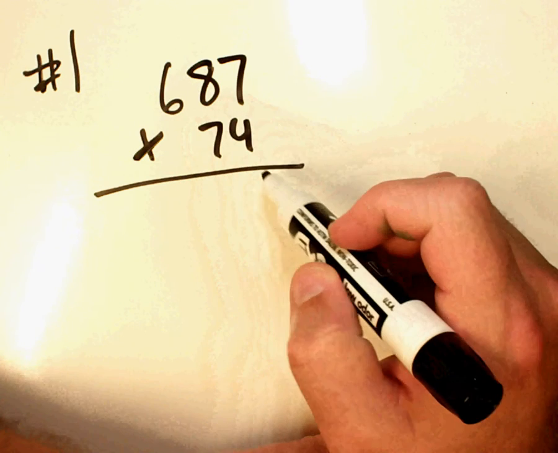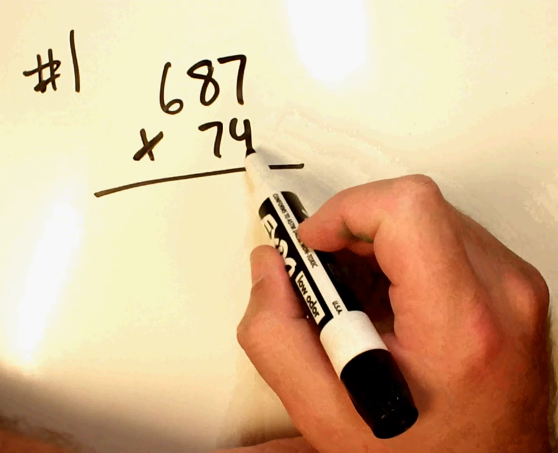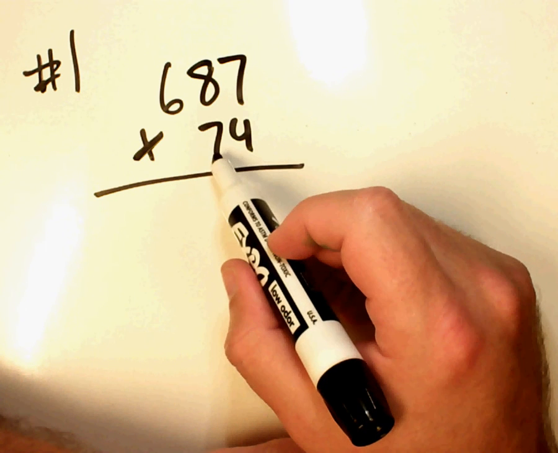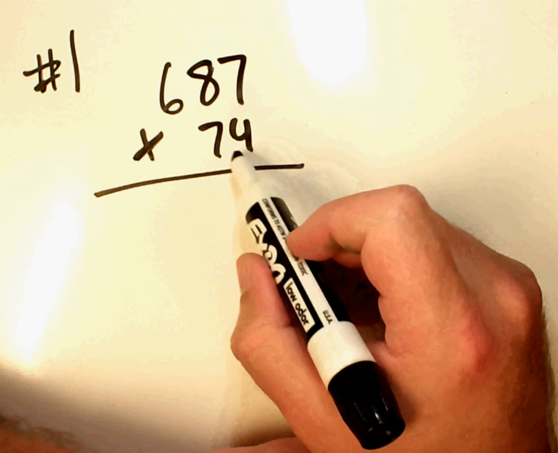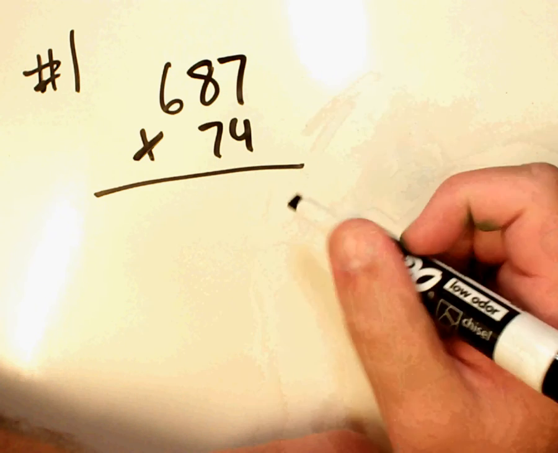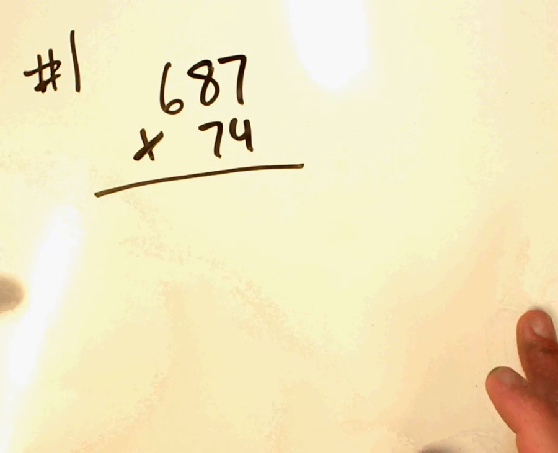So as I'm multiplying this out, for our first number that we're multiplying, that's pretty easy. But when we get to this second number and we're multiplying by 7, you have to keep in mind that we're actually multiplying by 70. And that's why we put our placeholder down here. So we'll hit that again whenever we get to that point.